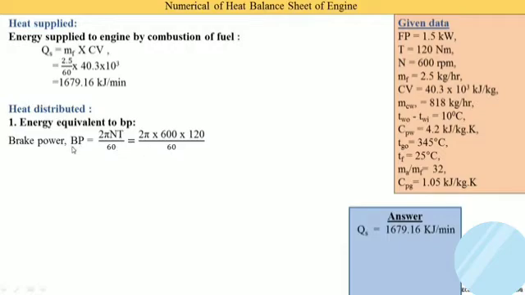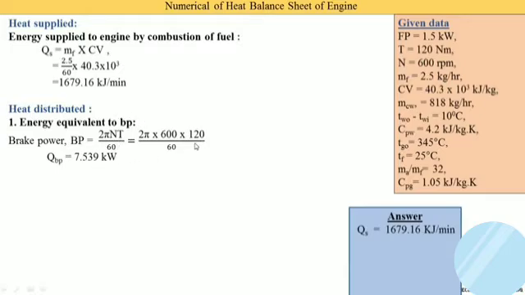Now what is the unit of this brake power? The unit of N is RPS and the torque is Newton meter. So the answer is 7.539 kilowatt. Kilowatt means kilojoule per second. Now here we need to multiply it by 60, then we get the answer in kilojoule per minute.